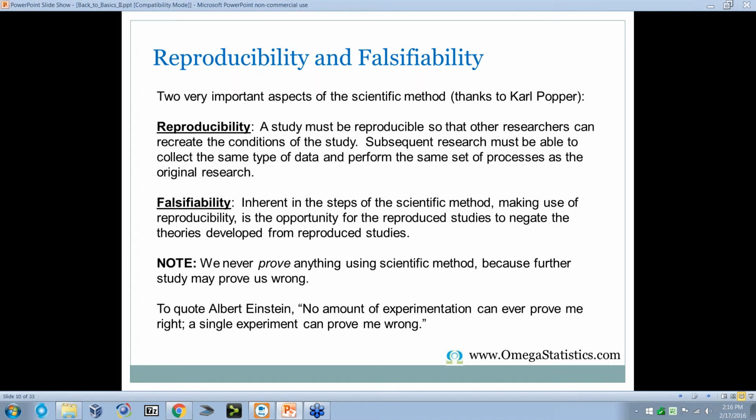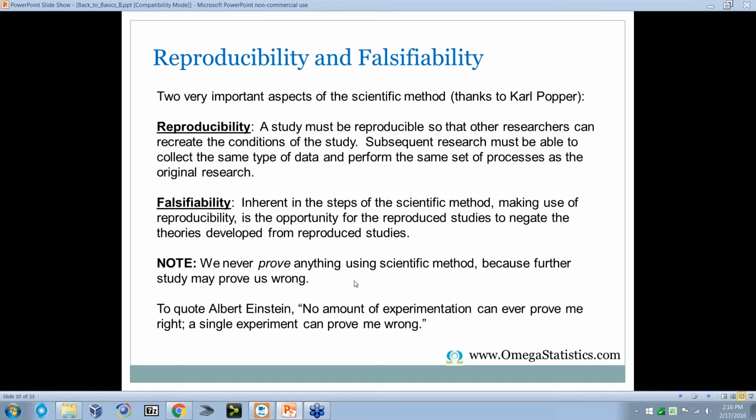Your study has to be set up in a way that another person has the opportunity to test it and come to their own conclusions. So I've said prove a couple of times, but we never prove anything using the scientific method. And that's very important because a further study may prove us wrong, right? We might say, oh yes, we had a significant finding in our study.